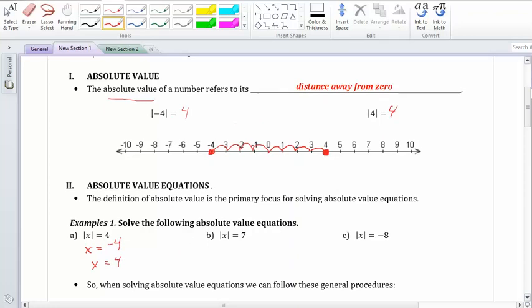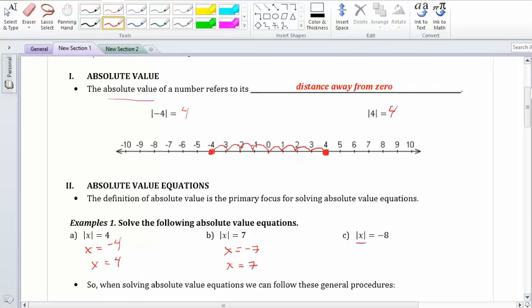We can do the same thing here. The absolute value of x equals 7. In order to get 7, we have to take either the absolute value of -7 or the absolute value of 7. So positive and negative 4, positive and negative 7. Let's take a look at this one.